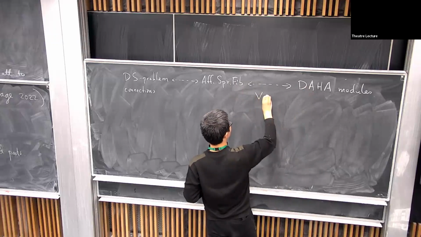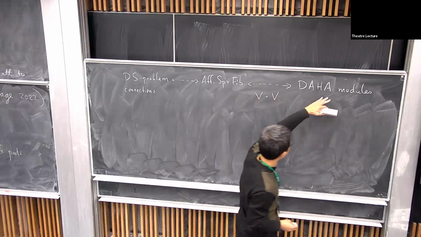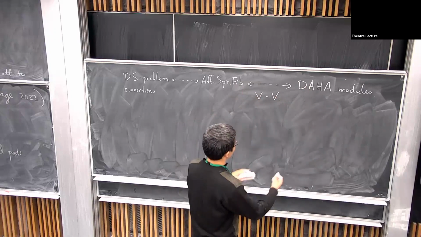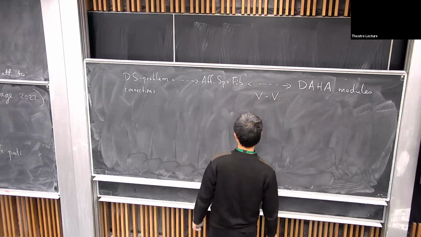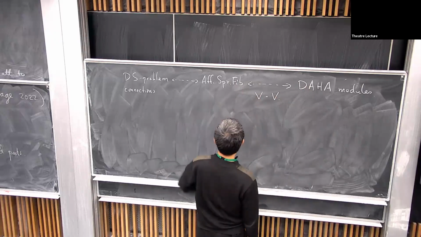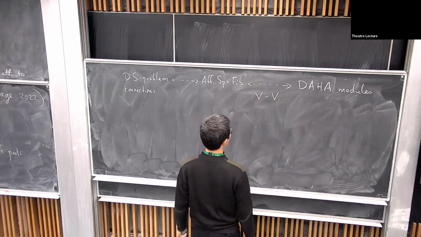So again, by the work of Varagnolo and Vasserot, we construct actions of different versions of DAHA on cohomology or K-theory of affine Springer fibers, in particular these homogeneous affine Springer fibers.